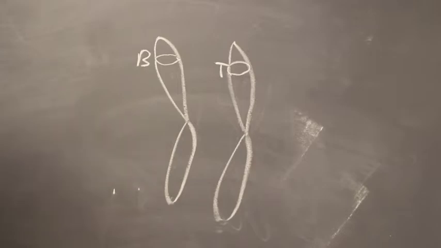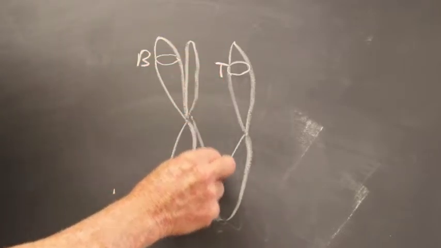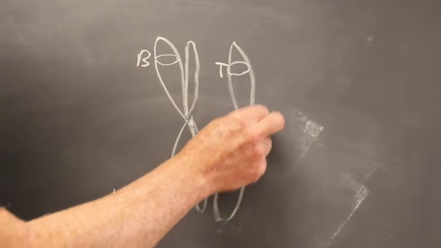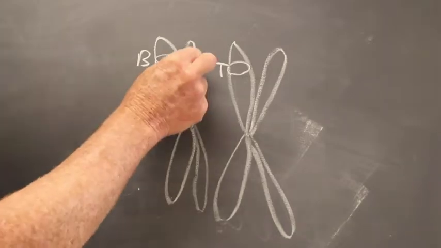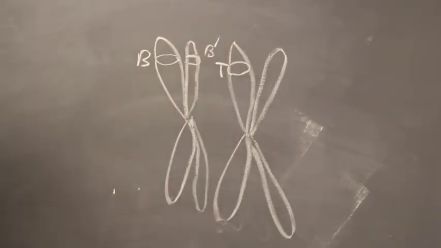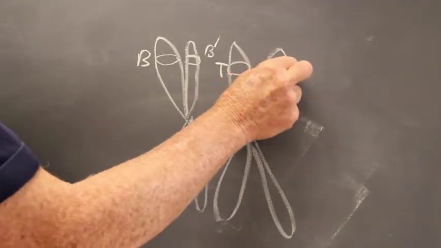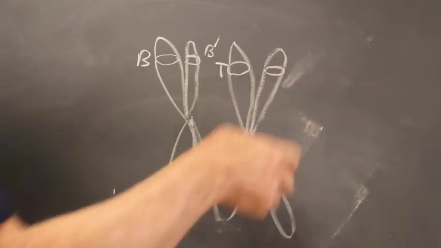Now prior to meiosis, there's a duplication event where we actually duplicate our chromosomes. In that duplication event, then we will have our genes in the same locations again. Sorry, that would be a T prime.